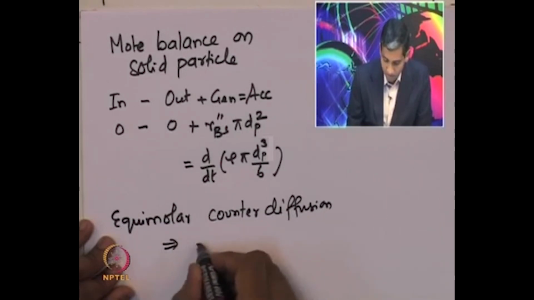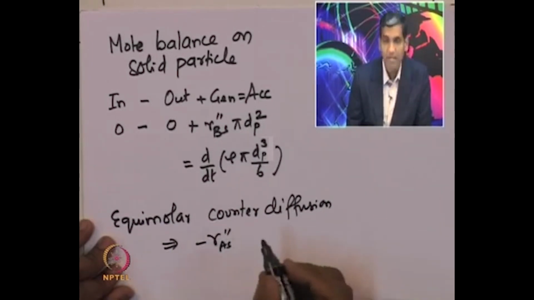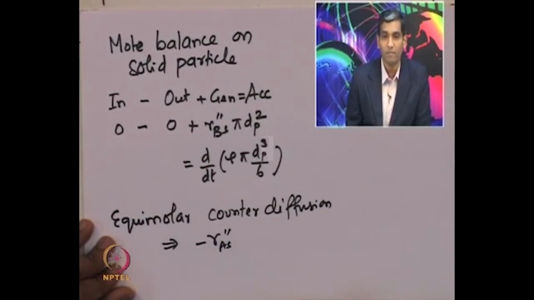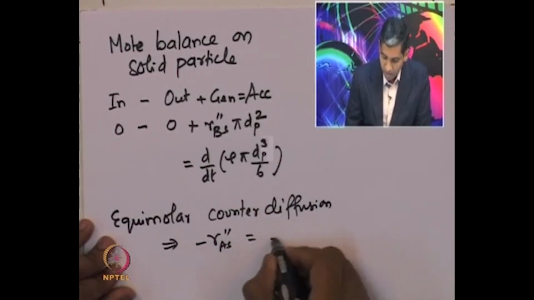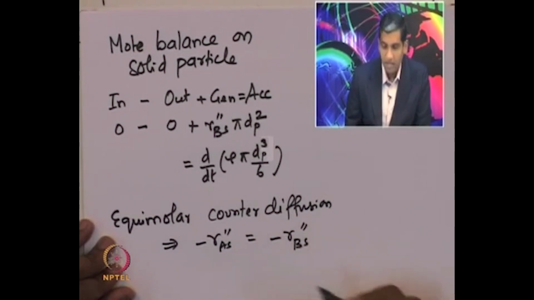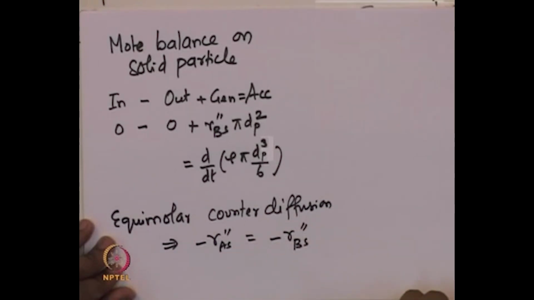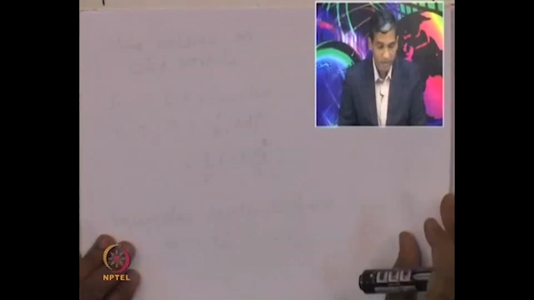Then minus R_AS double prime, the rate at which species A is being consumed because of the heterogeneous reaction, should be equal to minus R_BS, the rate at which the solid is being consumed. This is because of the equimolar counter diffusion and the stoichiometry associated with the particular reaction.